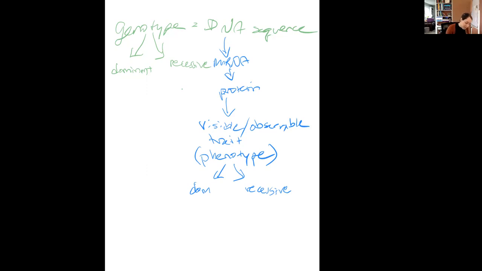And so I'm just going to make it an H for hand. So we might have the dominant version of the gene for polydactyly from mom, and then the recessive version from dad. And even though the recessive gene is there, it's not going to be shown.